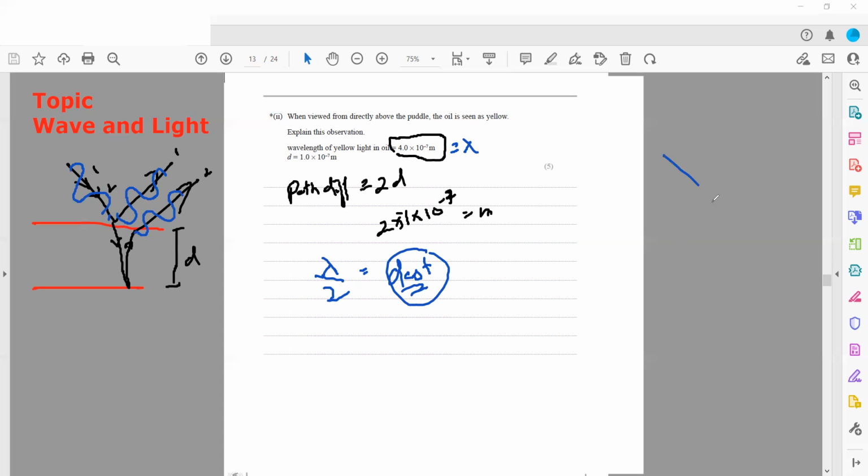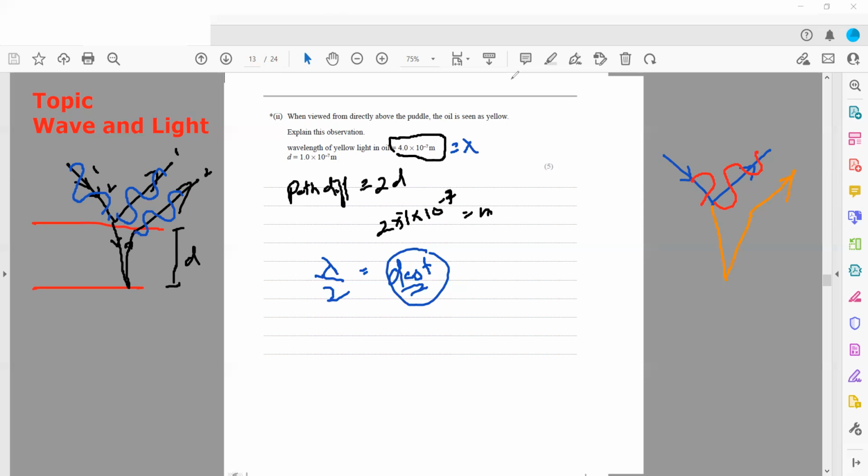Why? Because the first wave, when it strikes and bounces back, undergoes a phase change. A crest strikes the surface, and a trough comes out. And the second wave, which enters and comes out, does not undergo a phase change.